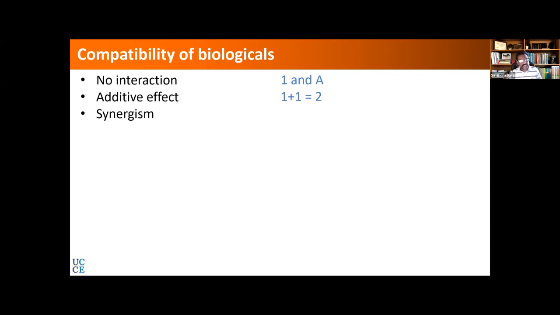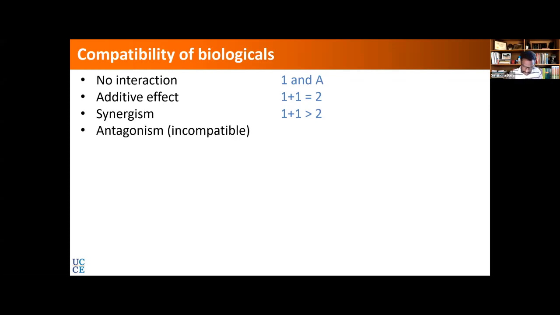Then there is synergism. Individually, they provide 30 and 30, or 40 and 40, but when you add them, there is a synergism that increases the efficacy of the combined materials. So it could be more than the sum. That is synergism.